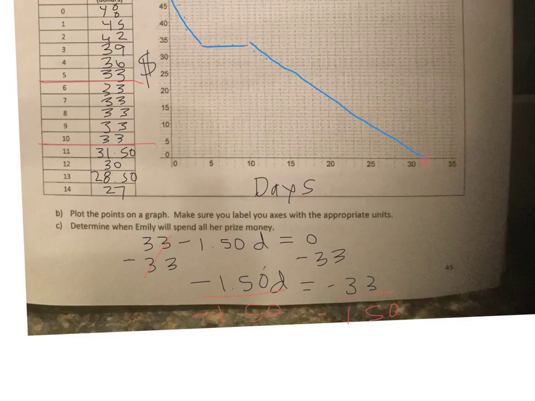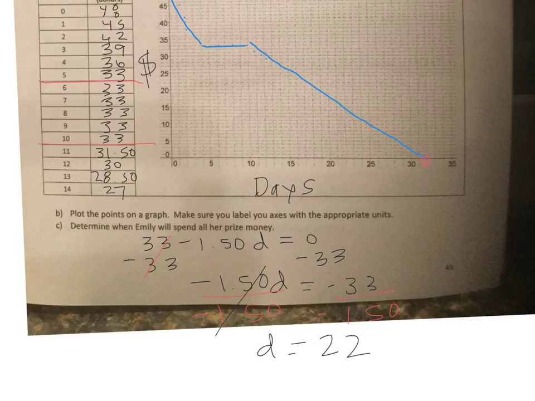Your negative 1.50 should cancel. And then D equals, negative divided by negative turns to a positive, and negative 33 divided by negative 1.50 is 22. So we found that it would take 22 days for her to run out of money.